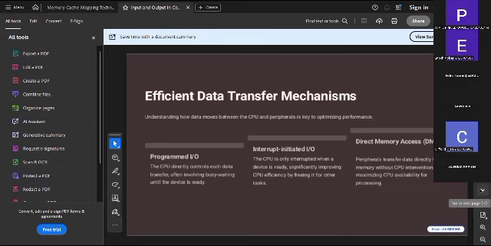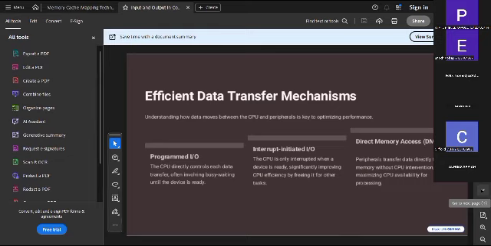We take the interrupt-initiated input-output. In this mechanism, the CPU is only interrupted when a device is ready for data transfer. Instead of constantly polling the device, the CPU continues with other tasks until an interrupt signal from the device indicates it needs attention. This method is better than programmed input-output because it doesn't wait.